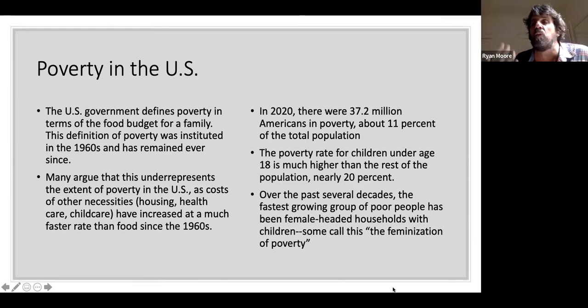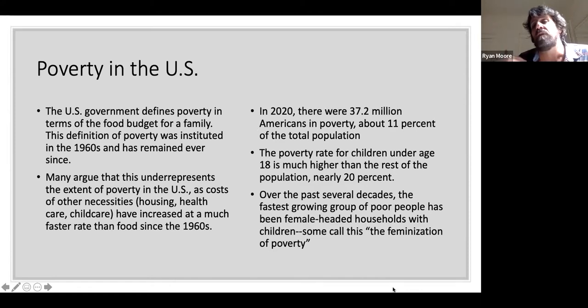And so the measure of poverty should probably be, it's kind of a political question, a political debate. The government has an interest in undercounting and underrepresenting the number of poor people in the country.